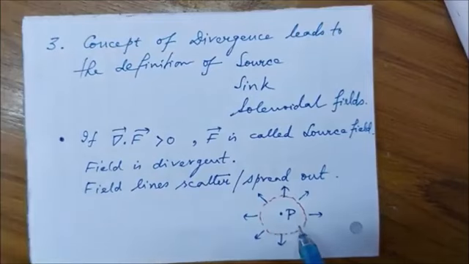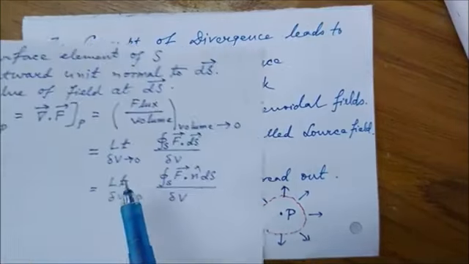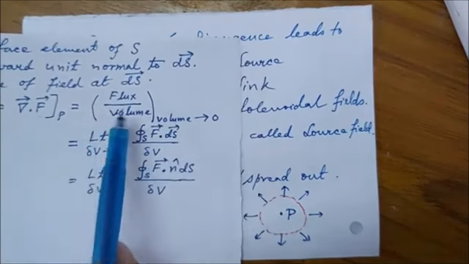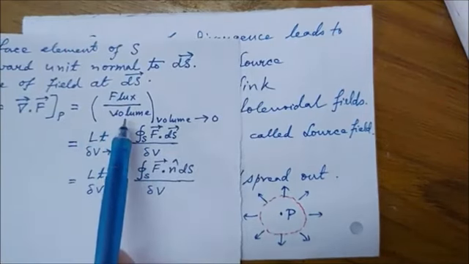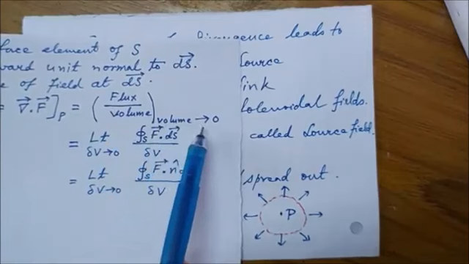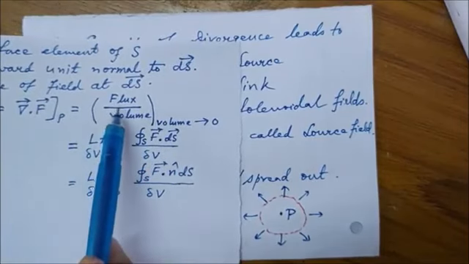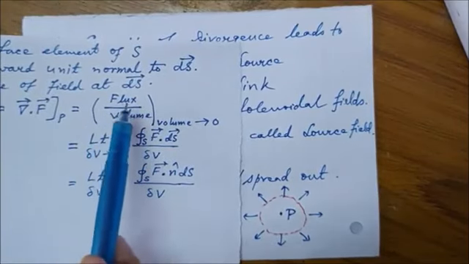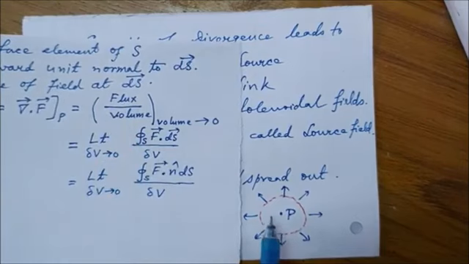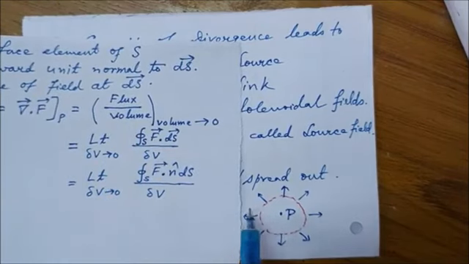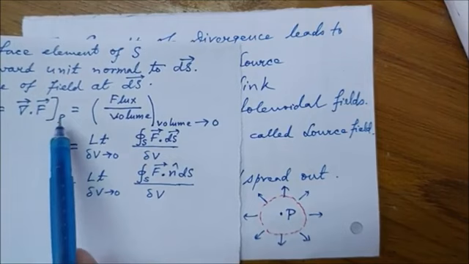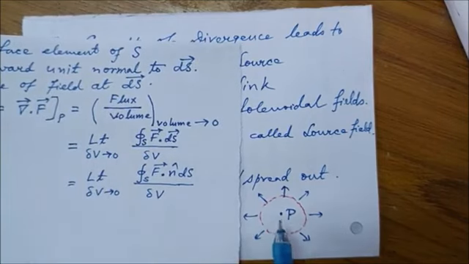And the word flux comes right from the definition of divergence. Divergence is flux per unit volume as the volume shrinks to zero. Divergence is a measure of the outward flux. In this case, there is a net outward flux and therefore divergence is positive and hence this point is source.